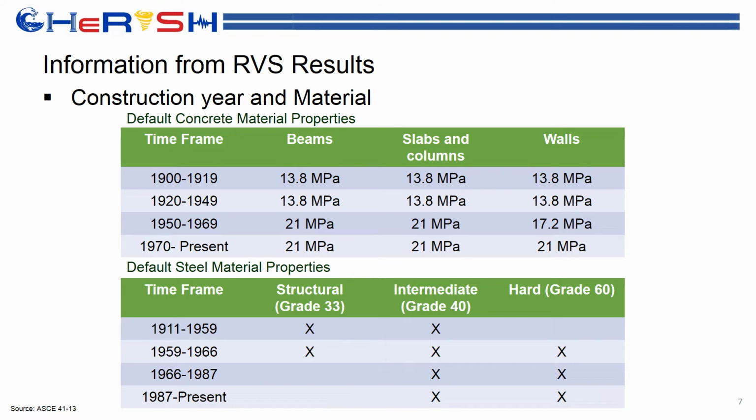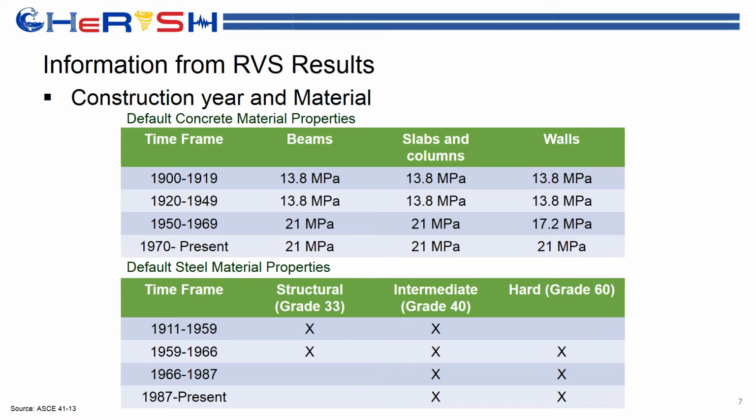So with this information, it already gives us an idea of what could be the possible compressive strength of concrete used in a given structure. If we have that construction year, we can somehow get an idea how much compressive strength we can expect from this given structure.